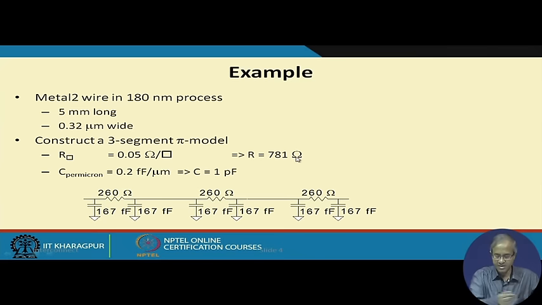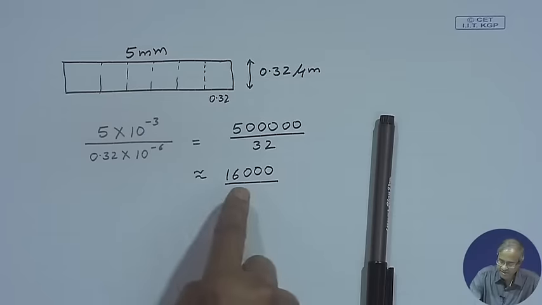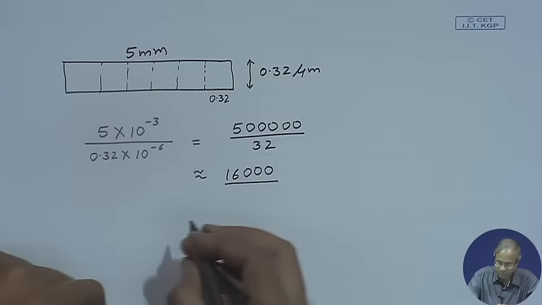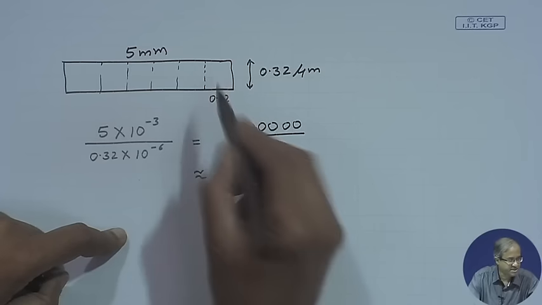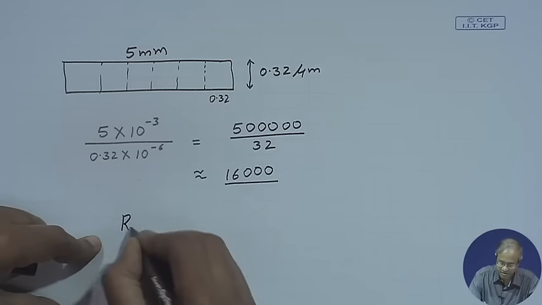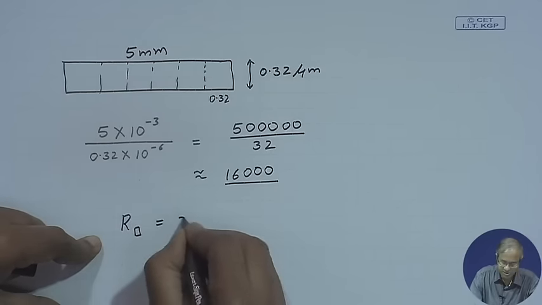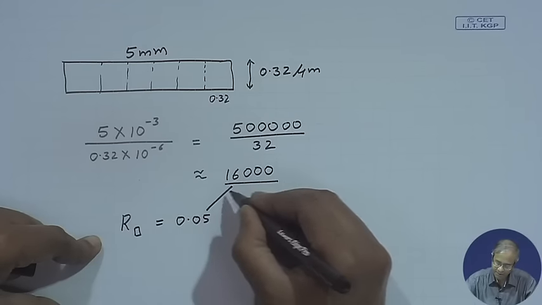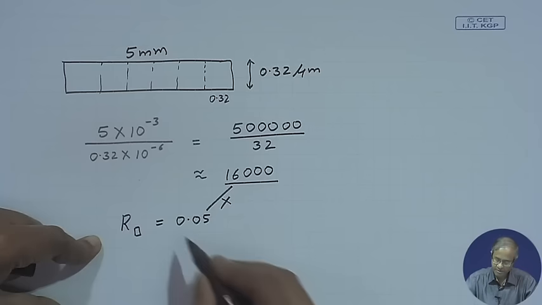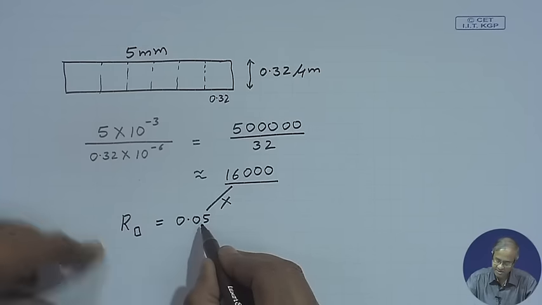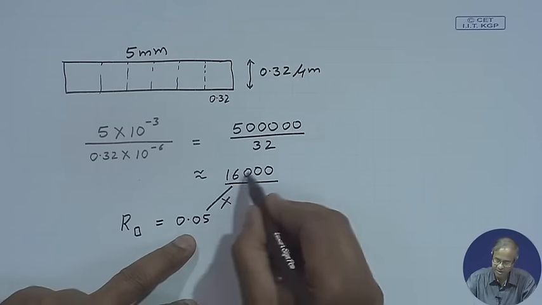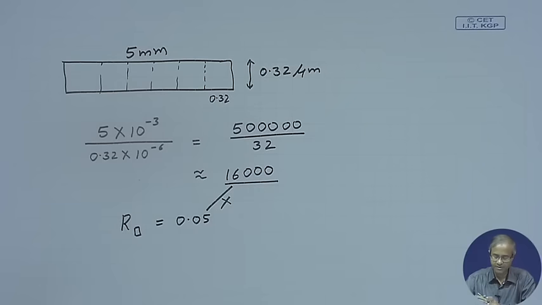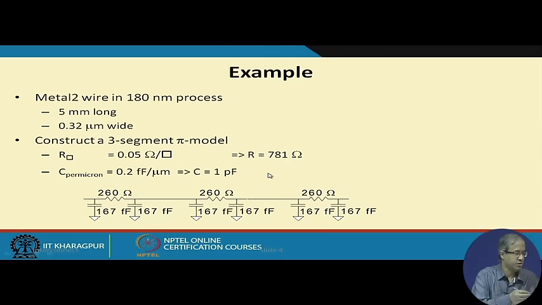Just estimate the resistance value of a box, R box is already given as 0.05, and multiply by the number of boxes. This value comes to about 781 ohms.